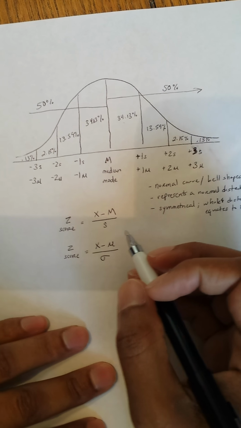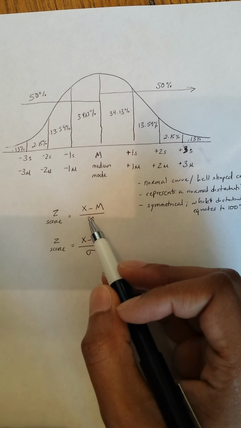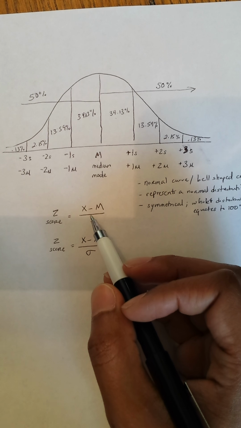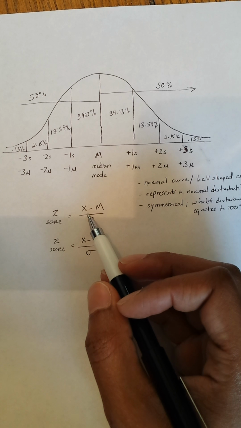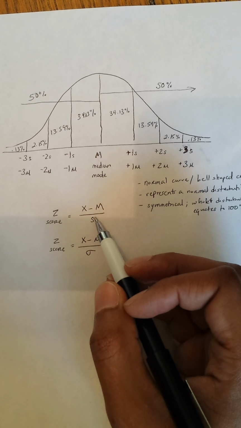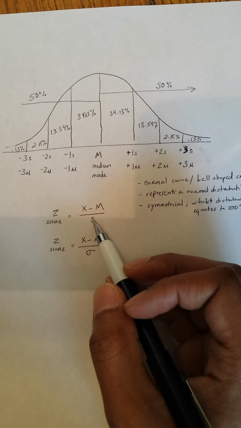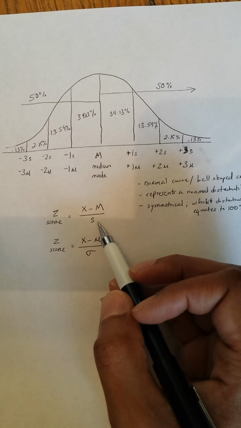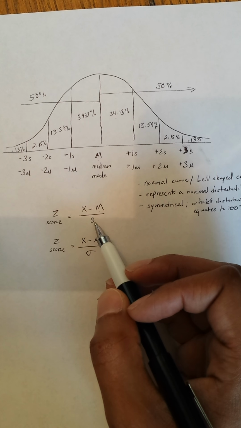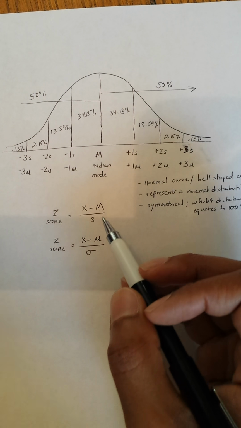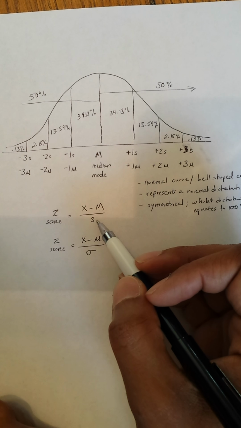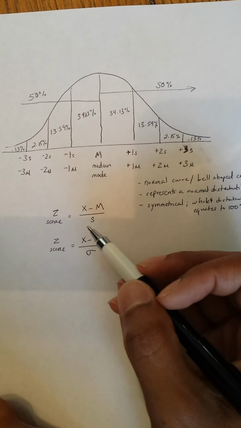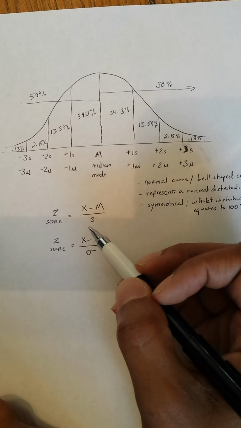Okay. So essentially what we're doing is we're getting the position of a particular raw score as it relates to a sample mean and how spread out that data set is. Okay, so this is incorporating some of the stuff that we've talked about before, that measure of central tendency as well as the measure of variance. And we know that whatever you divide something by, you will essentially transform that number that's being divided into that.